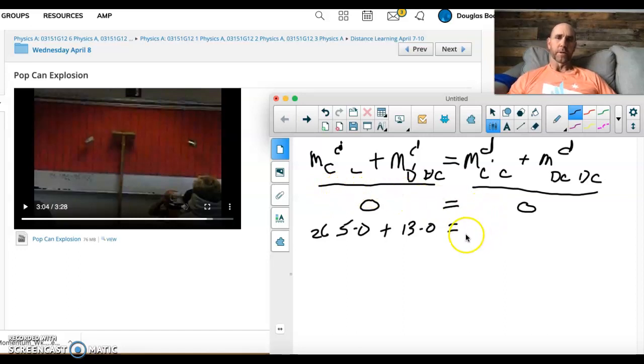So over here, again, we have 26.5, and it traveled, if you count over here, about 4.5 grids, or 45 centimeters, and we'll call that positive. Because Coke is better than Diet Coke, so it's got to be positive. The Diet Coke can has a mass of 13, and if you went over here and counted the grids, it looks like it goes about 95 centimeters.